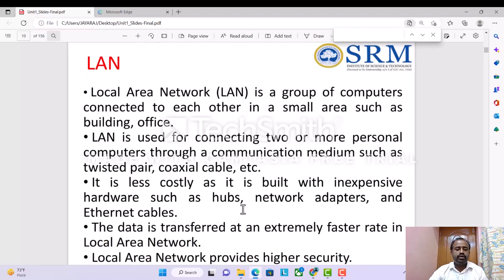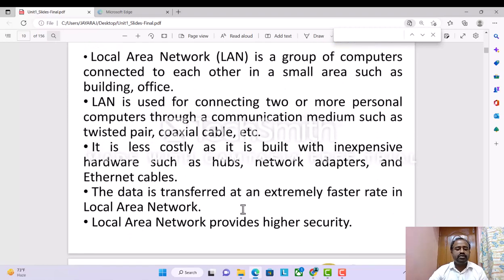It can be used to connect two or more personal computers, where the medium is twisted pair or coaxial cable. Then it is less costly because it covers only a small area, so it is very inexpensive. So what are the components used to establish the LAN? First, the hub.